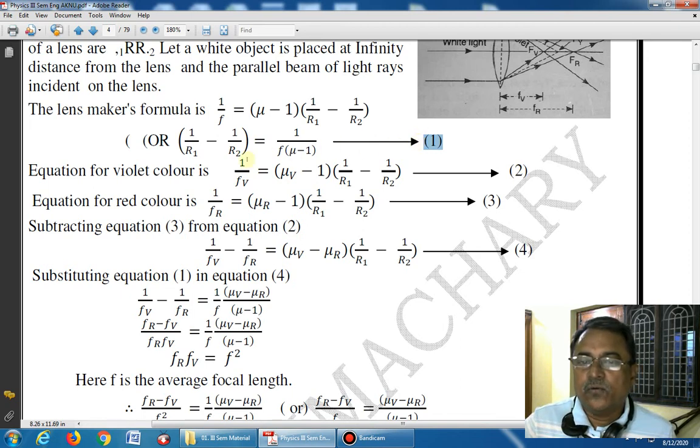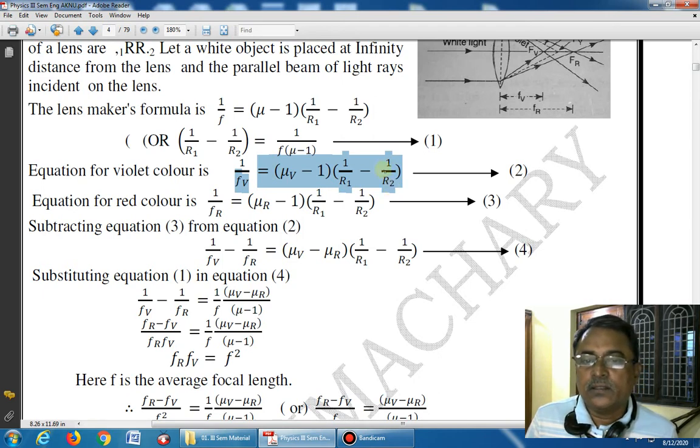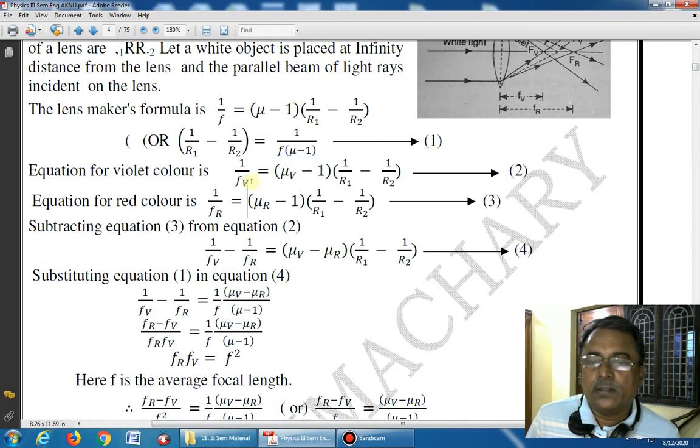So, for violet color, the lens maker's formula is 1 by f v is equal to mu v minus 1 into 1 by r 1 minus 1 by r 2. Here the suffix v is used for violet.